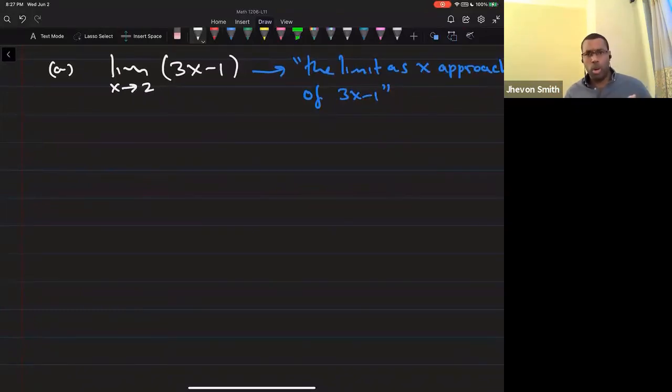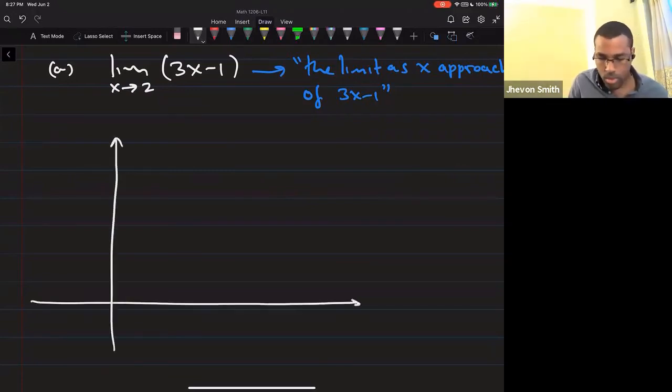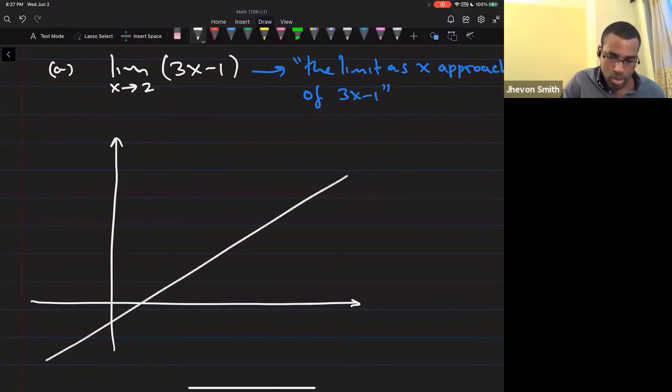So 3x minus 1, if I set that equal to a y value, y equals 3x minus 1, I know what that is. That's a straight line. In fact, I know that it goes through minus 1 with positive slope, slope 3.